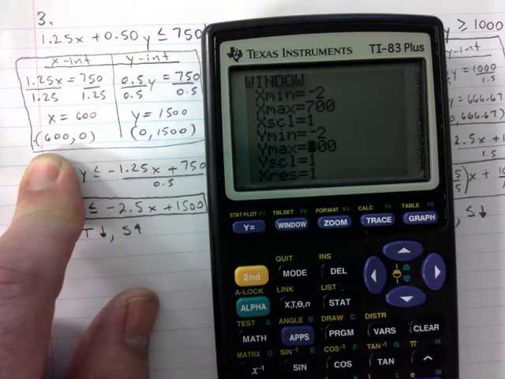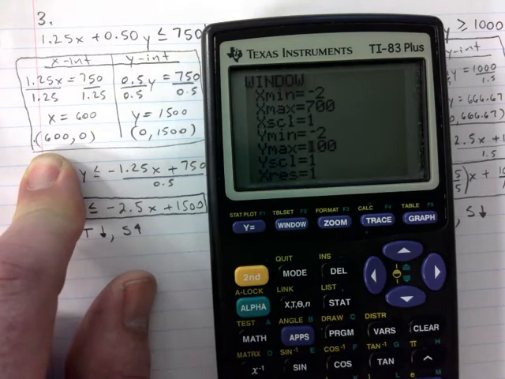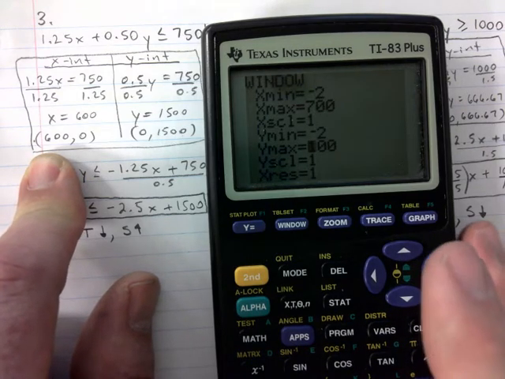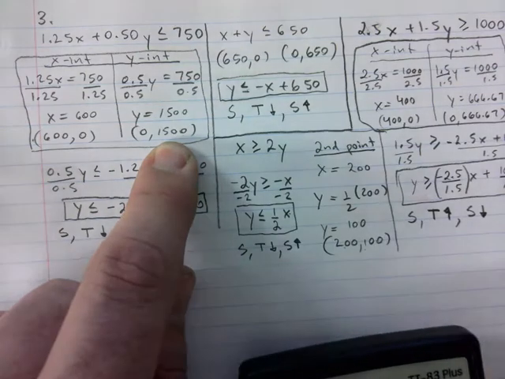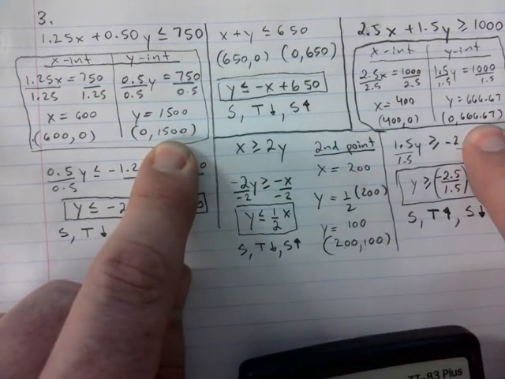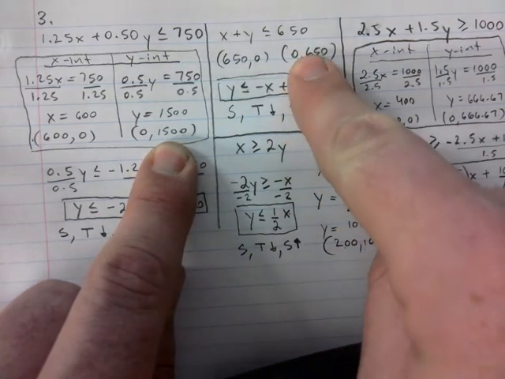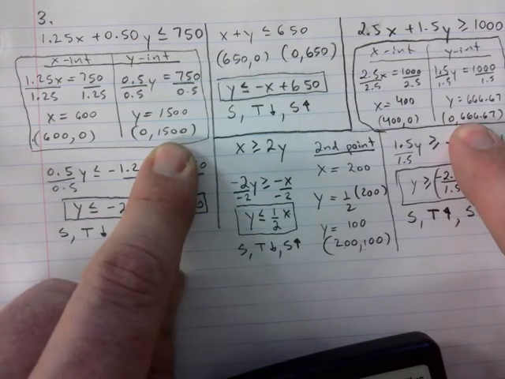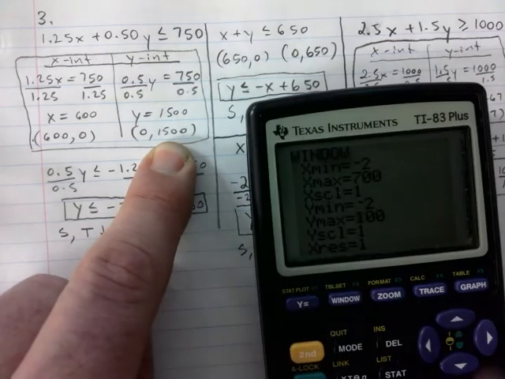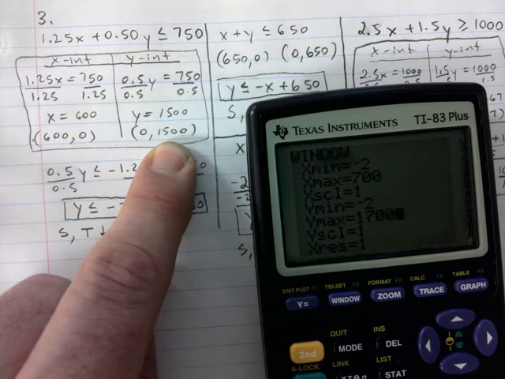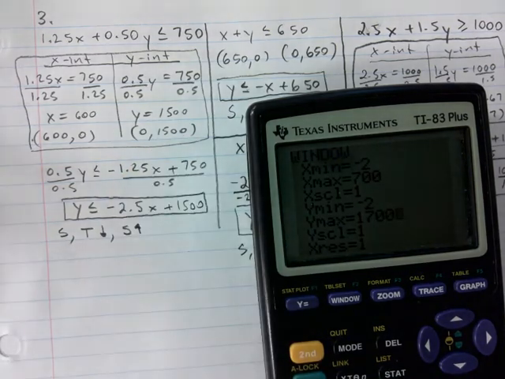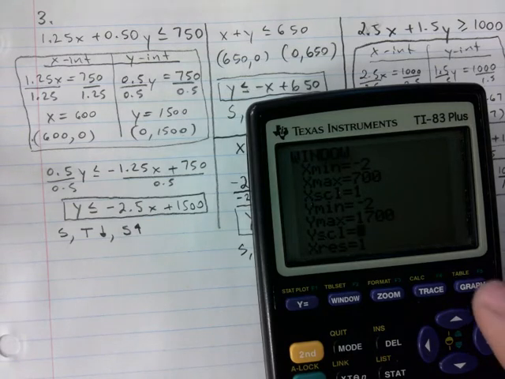And then y max. I'm going to keep my y min and x min the same. What's the highest y value here? 1500, 650, 666, 1500. If I go to like 1700 for my y max, that'll do. Do you understand that part? Right? And graph.